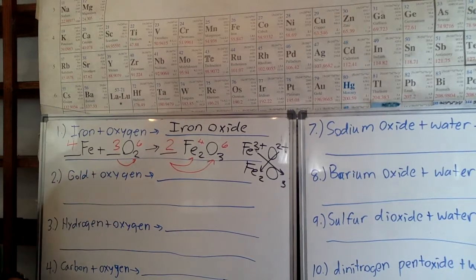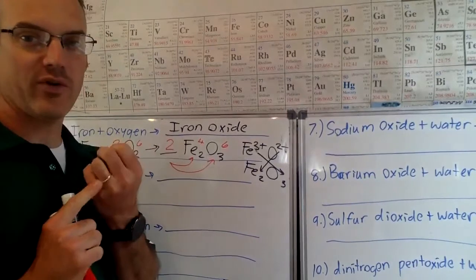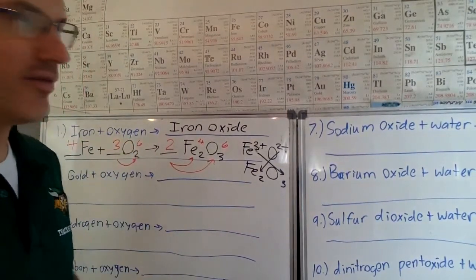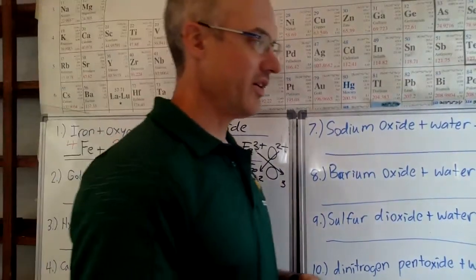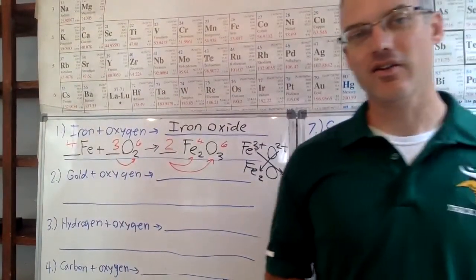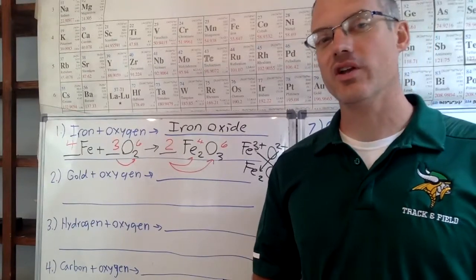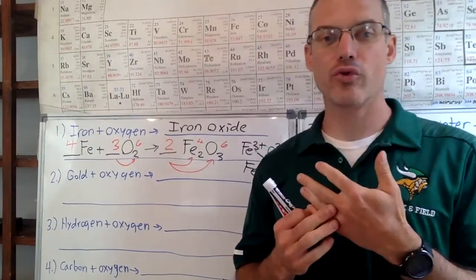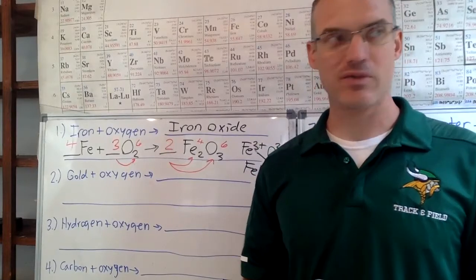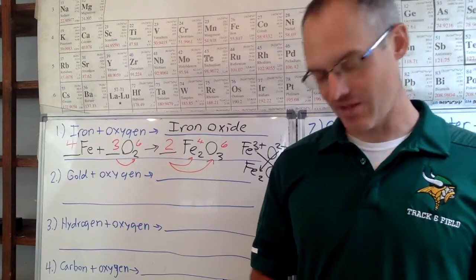Gold doesn't react, however. Okay, so gold, the reason we make jewelry out of gold is it's very non-reactive. There's oxygen all around us, you know, in the air that we breathe, in the water that we swim in, there's oxygen available in all places. If your jewelry was made out of something that just reacted with that all willy-nilly, then it would not be a good thing.